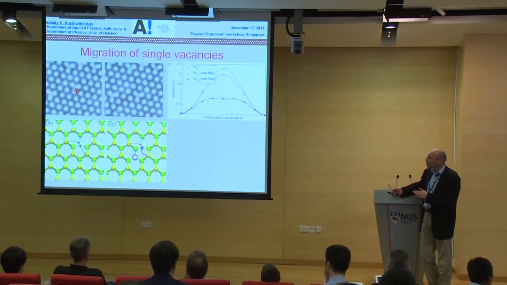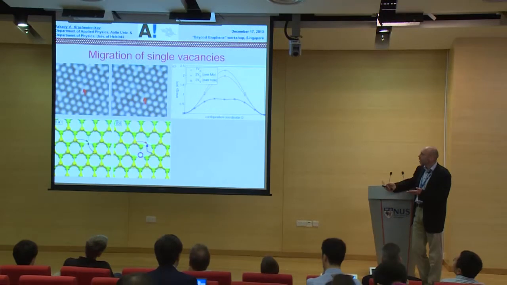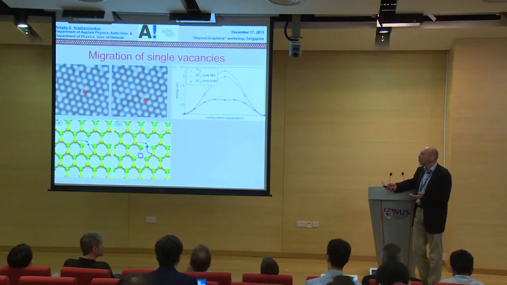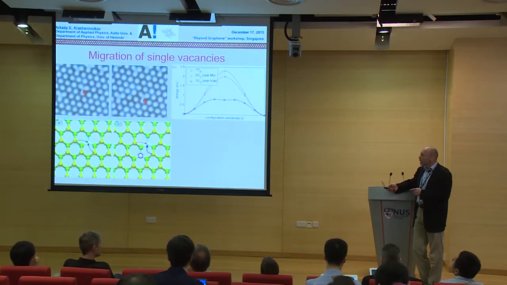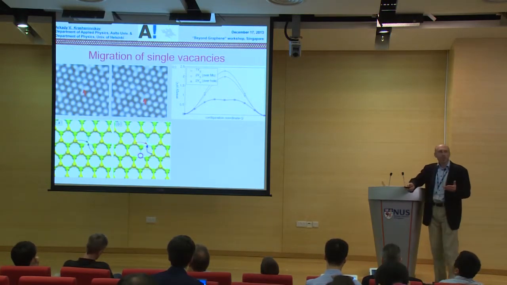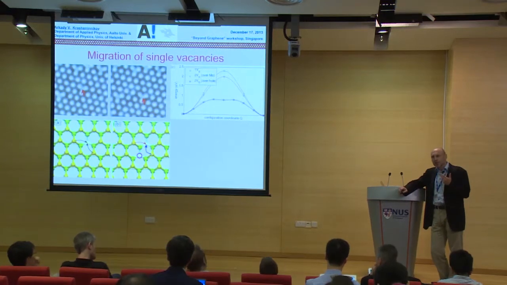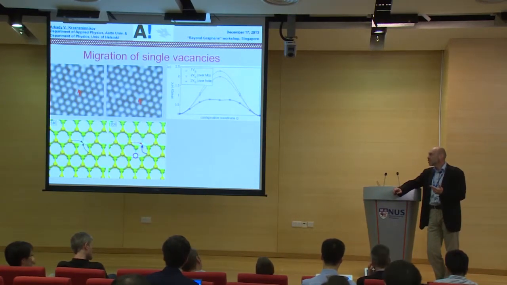Okay, now it's here. But from the point of view of calculations, the barrier is pretty high. It's about 2 eV, so no way for efficient migration of vacancies at room temperature. And the beam heating effect should be negligible in this case. Even if we assume that electron beam induced diffusion is active, still this cannot explain the observation.